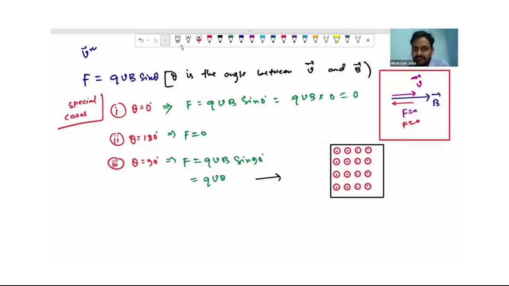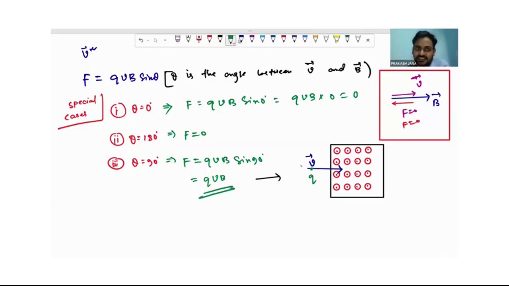Suppose here a charged particle of magnitude q enters perpendicularly with velocity v into this large uniform magnetic field. So the magnitude of force is QVB only, it's constant.